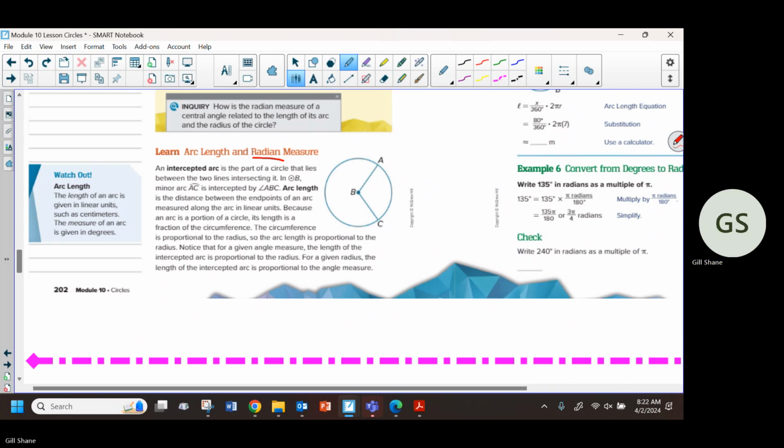So every circle has a radius, right? Every circle. And the radius gets bigger or smaller based on the size of the circle. This concept of a radian uses two things.